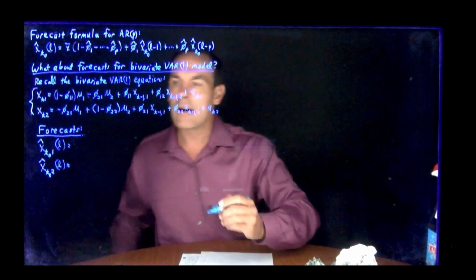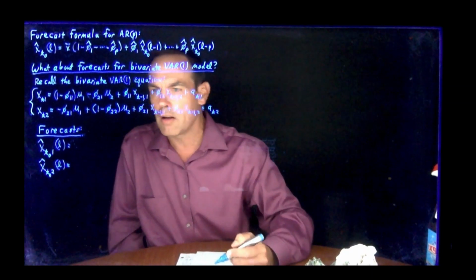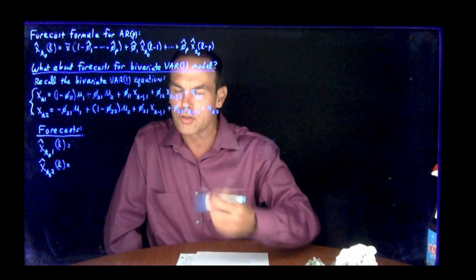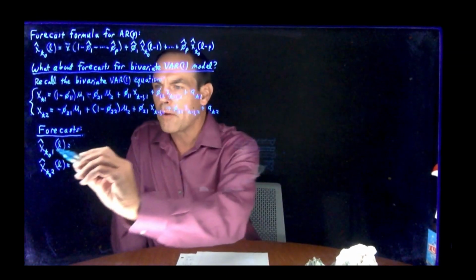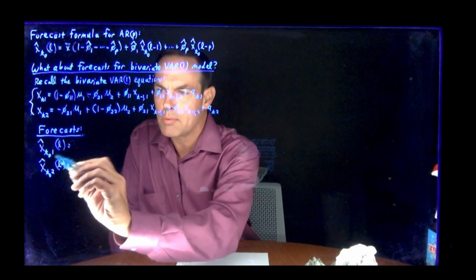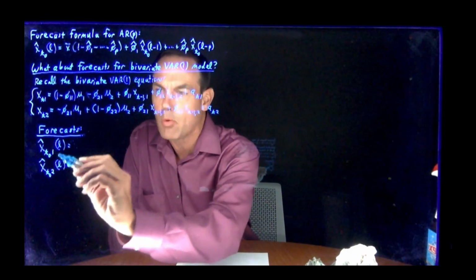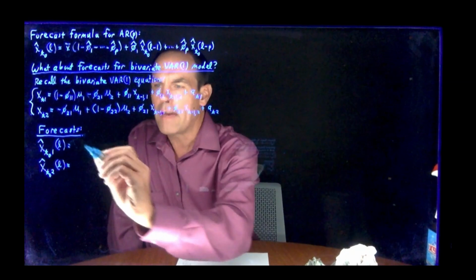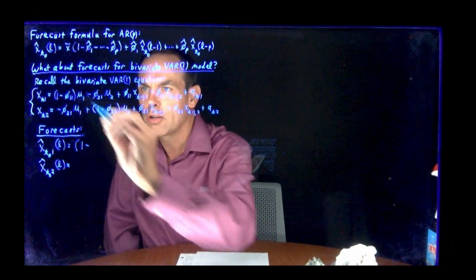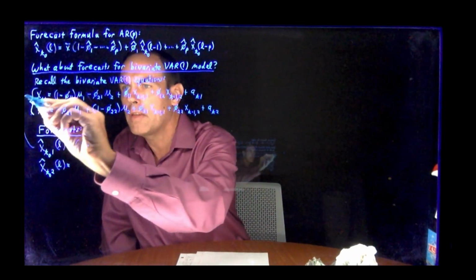We'll write these out just as we did on the whiteboard before for the AR1 and the ARP. It's not going to be hard. We'll just do the same type of thing we did before. So for x hat of t naught 1, strange looking notation there, but t naught means the last time point, variable 1 of L will be 1 minus, so I'm looking at this equation right here.